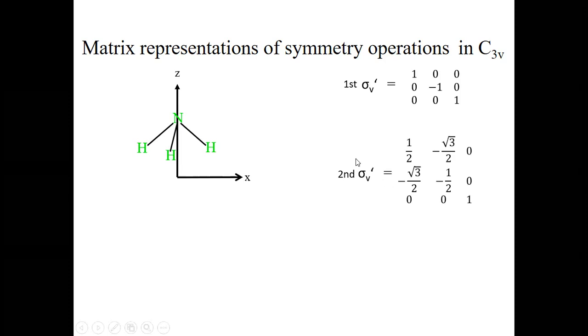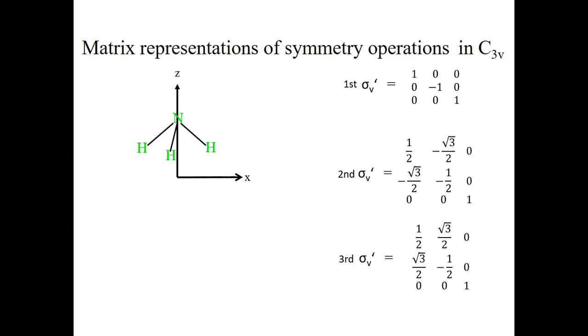I'm just qualitatively describing this so that you're not losing the overview over the big picture and the big story that I want to tell you. So for the second mirror plane, the matrix is a half, minus the square root of 3 over 2, 0, minus the square root of 3 over 2, minus a half, 0, 0, 0, 1. And for the third mirror plane, we have this matrix here as the matrix representation of the symmetry operation.